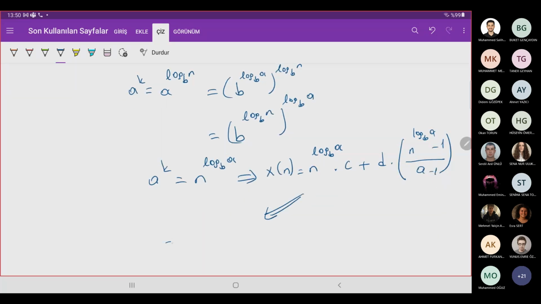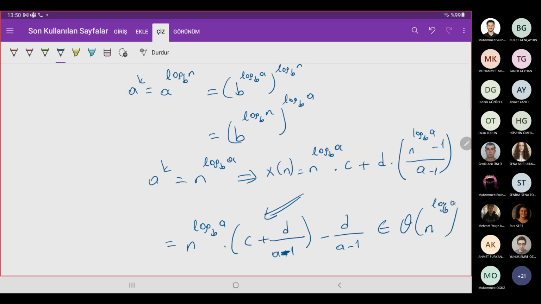So this is n to the power log_b a in parentheses c plus d over a minus 1, minus d over a minus 1. Sorry, this is minus 1 also. This is also minus. Because the minus term is not important, this is equal to theta n to the power log_b a. Okay?